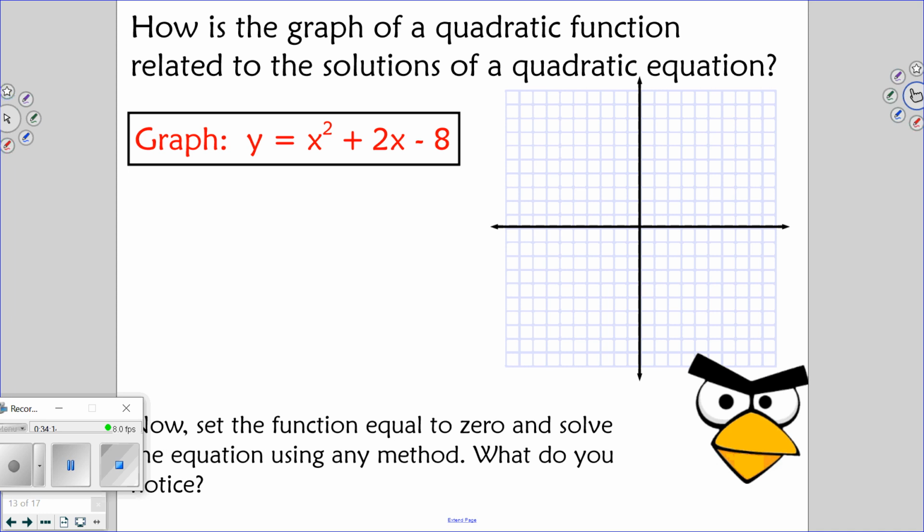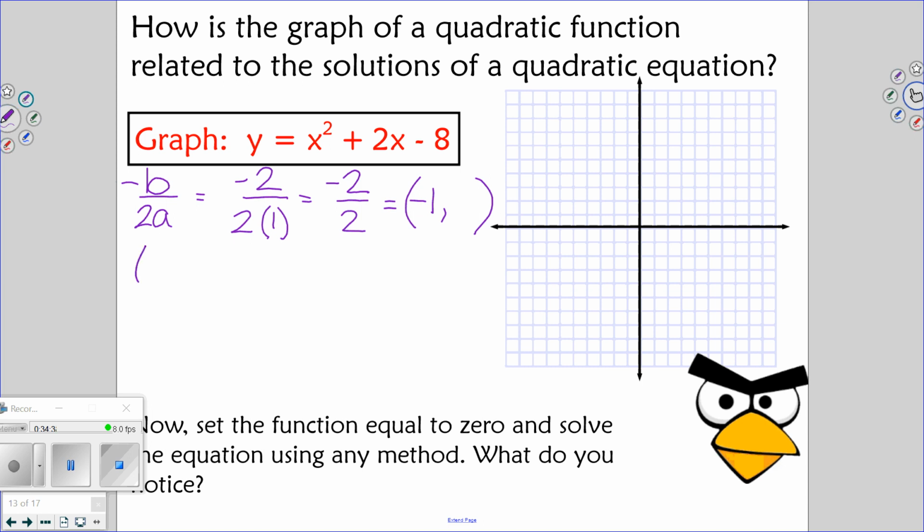All right, so if I'm going to graph this, what's the first thing we do? Find the vertex, right? That's the negative b over 2a. So what's my negative b? What's my a value? 1. So negative 2 over 2, which is negative 1. How do I find the y part?